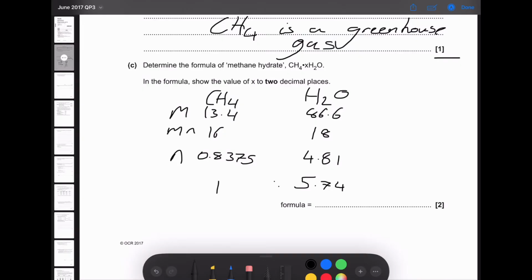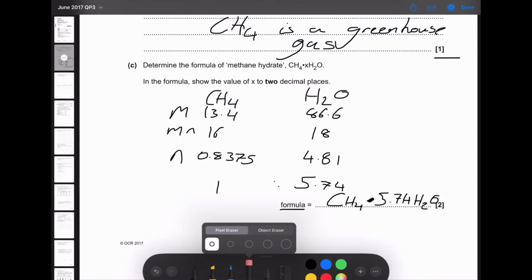So we need to write out the whole formula. So it's going to be CH4 dot to denote loose connection, 5.74 H2O. That looks suspiciously like an H, so let me just... It's a 4. There are not 3 hydrogens in water. There you go.